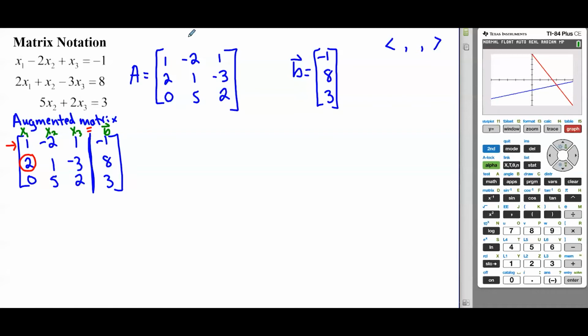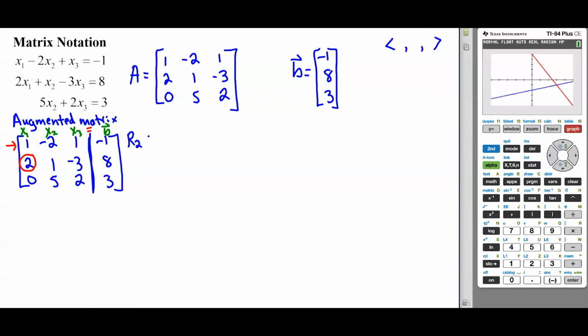And I'm going to always write down the operations that I'm doing. It's going to help us keep track of the steps that we did, in case we make a mistake, we'll be able to find out where the mistake was more easily if we write down the steps. So this is what I'm going to say. I want to change the 2 to a 0, so I want to change row 2.